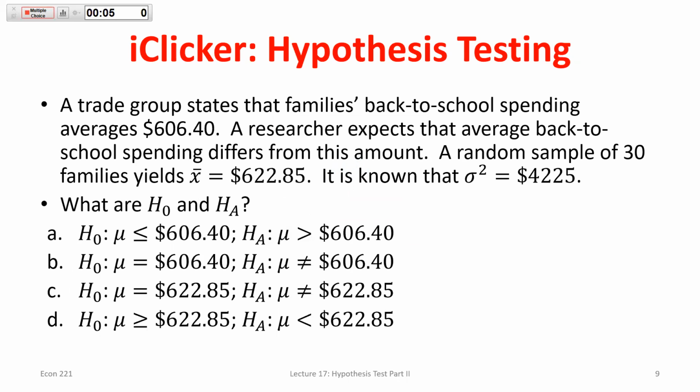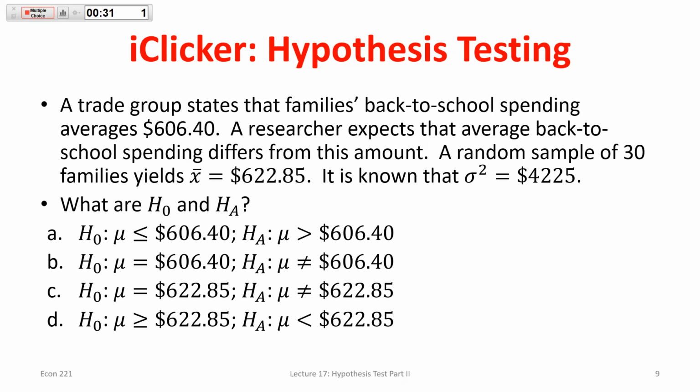So we've got another example about back to school spending. Some group said that the average back to school spending is $606.40. You don't necessarily think that seems right, or you're just curious, and you think that the true value differs from this amount.